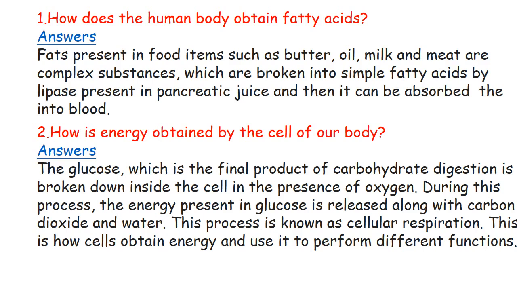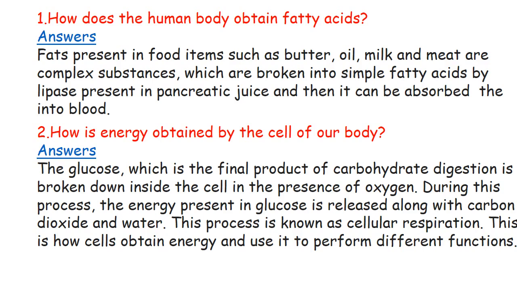So the answer will be: fat present in food items such as butter, oil, milk and meat are complex substances which are broken into simple fatty acids by lipase present in pancreatic juice. As you have already learned, one gland, the pancreas, secretes pancreatic juice.